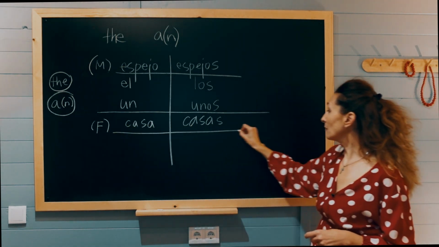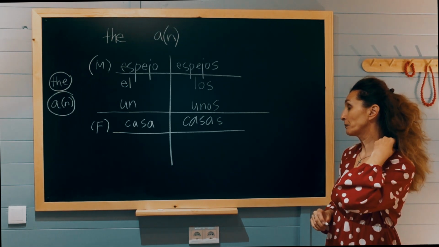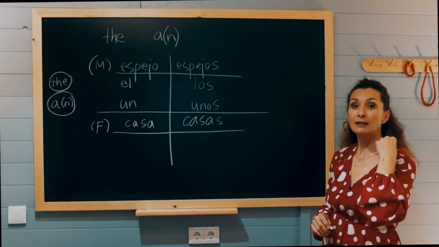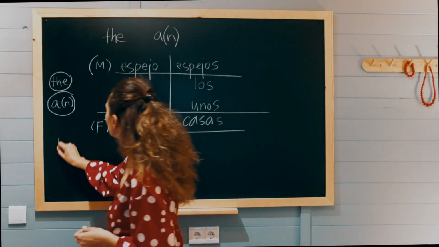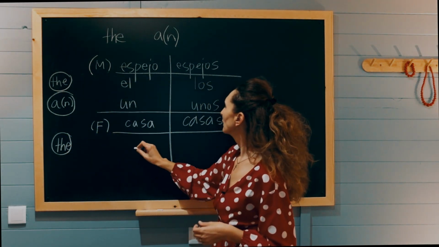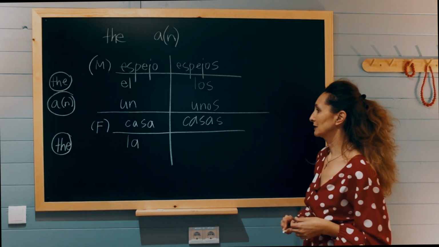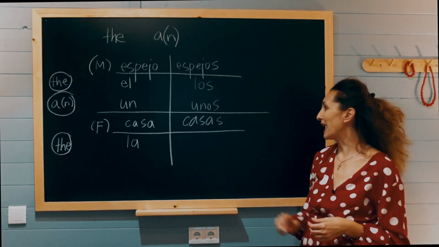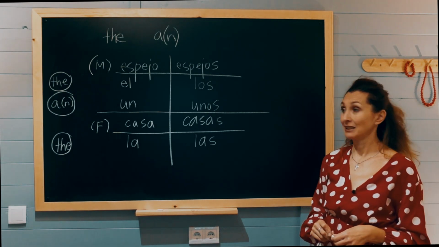Let's see what happens with the feminine nouns. We have an example of casa, and the definite one for the feminine nouns is la casa. Okay, la, and in plural, las.